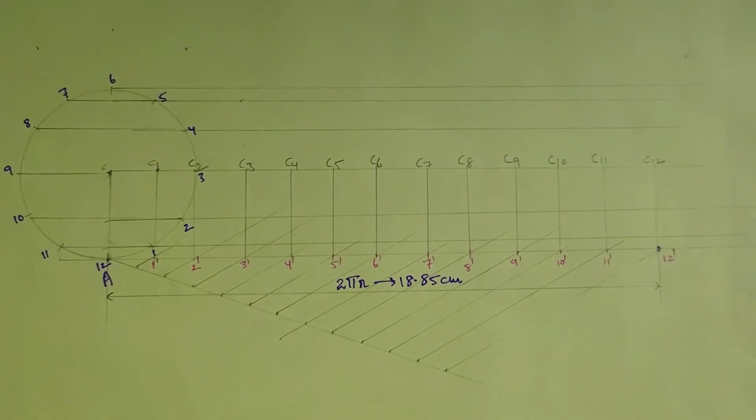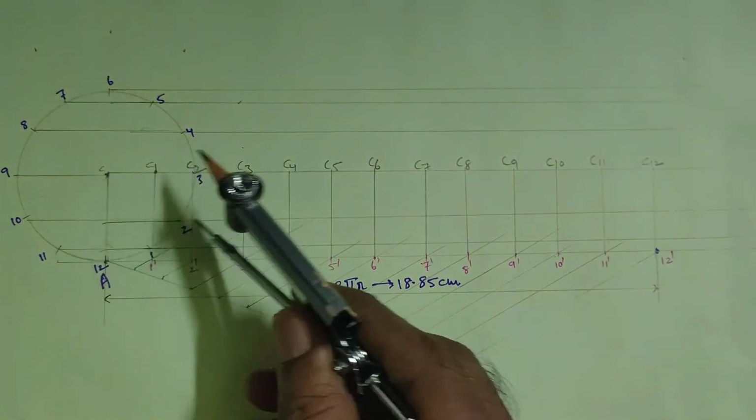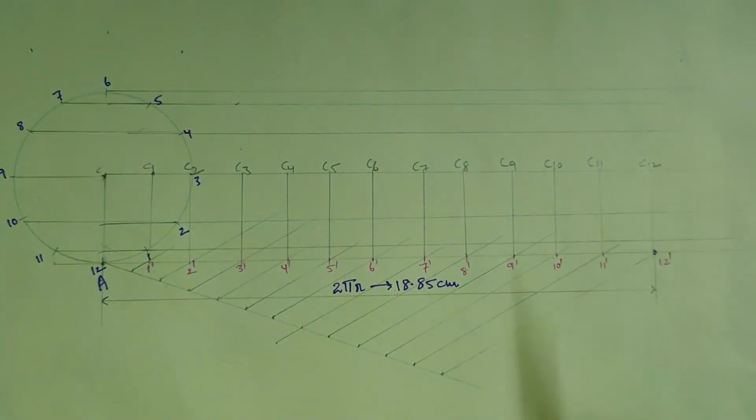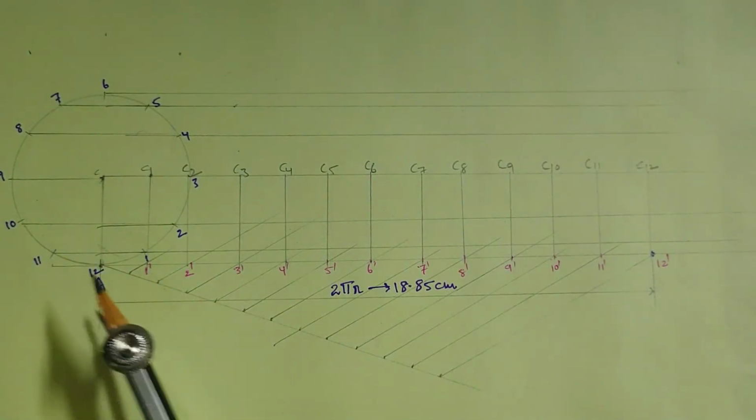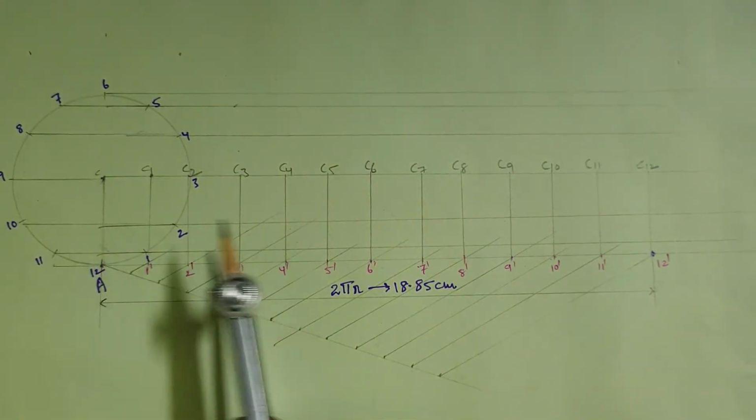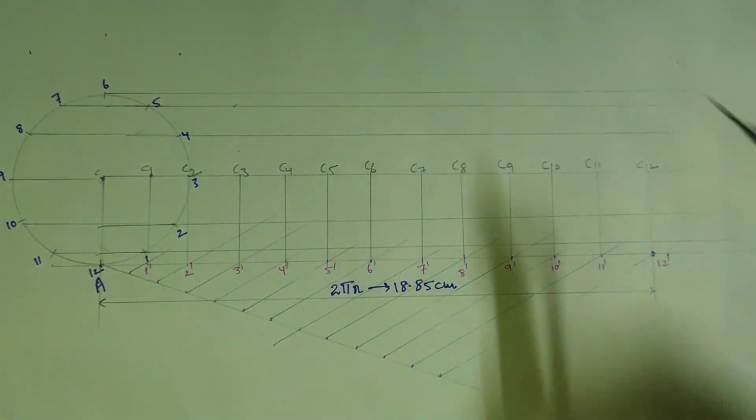Next, consider different centers C1, C2, C3, C4 and so on up to C12, and we have to mark the different positions of point A along these horizontal lines.